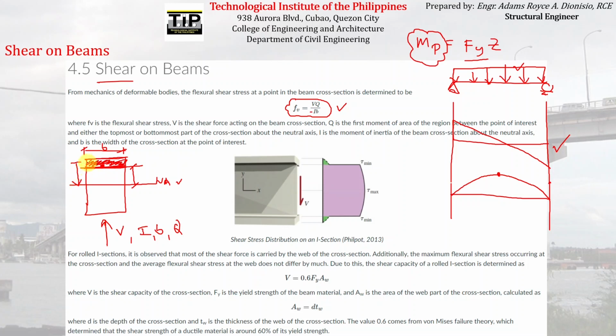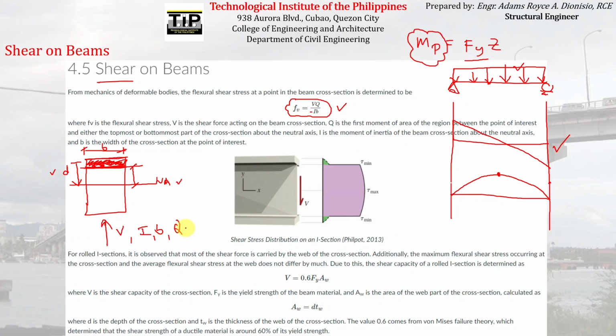We just multiply the area by the distance of its centroid. Let's call this d.